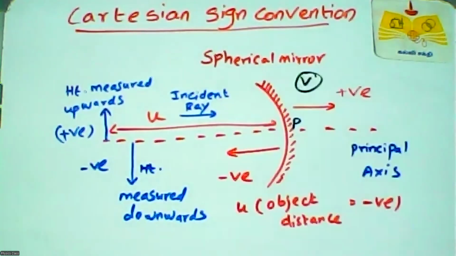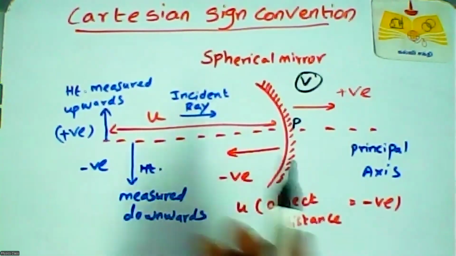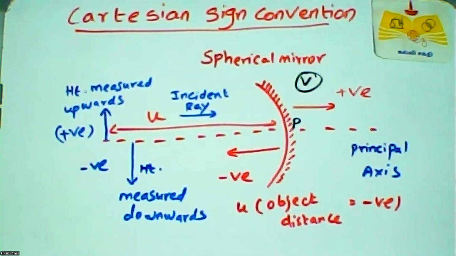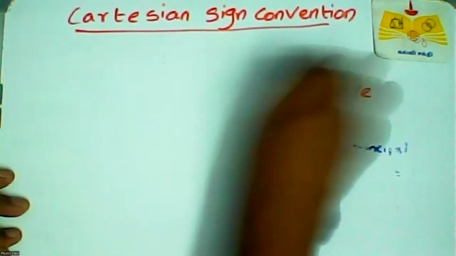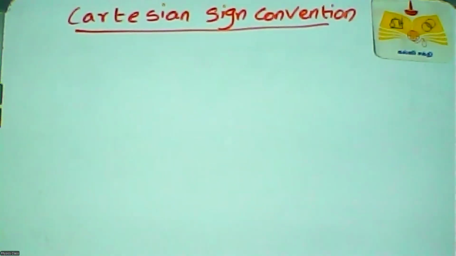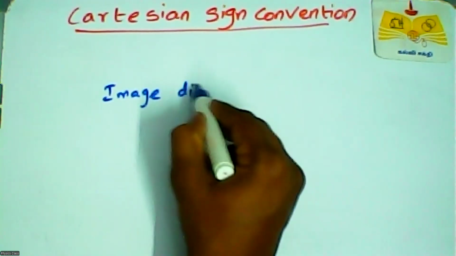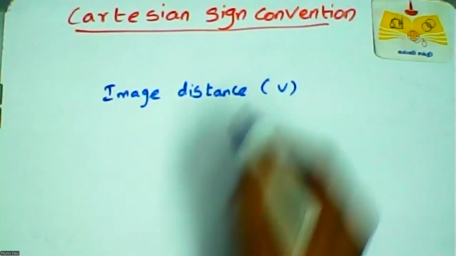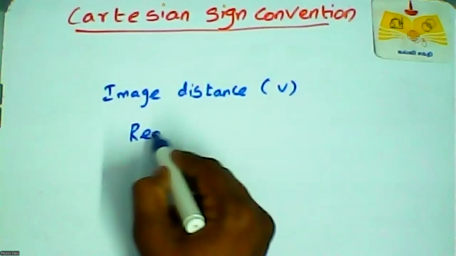This is the image distance: the distance between the pole of the mirror and the image.